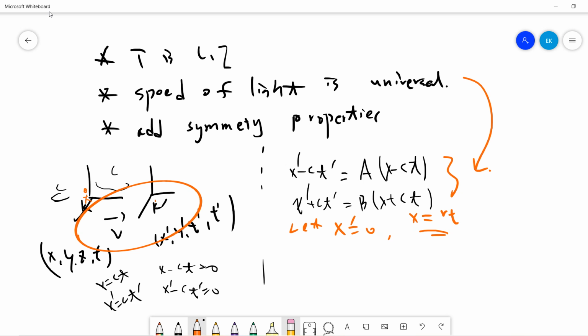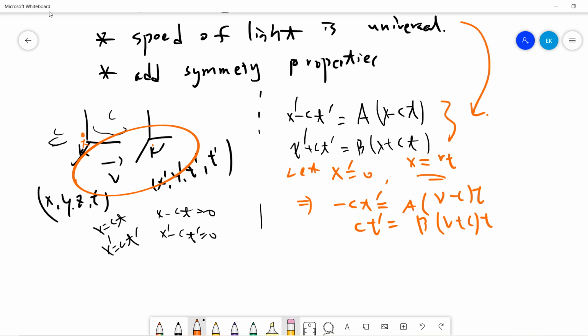Then x prime is 0, so you get minus ct prime equals a times (vt minus ct), and ct prime equals b times (vt plus ct). Combining these two, a divided by b is (c plus v) over (c minus v). Then we need to find these two, a and b.